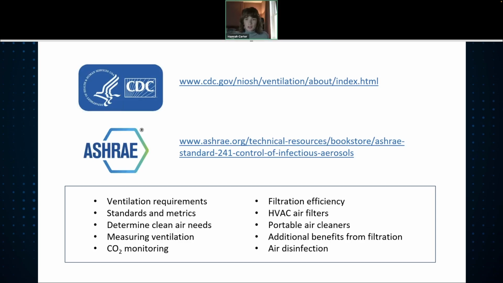These sections start by introducing basics about ventilation, those requirements and standards, and metrics, but then also dive into how to determine clean air needs, taking those measurements and conducting those assessments, and then enhanced continuous monitoring where available. The course also goes into a little bit more detail on filtration and ends with a brief discussion on air disinfection, including a feature on germicidal ultraviolet or GUV. Next slide.